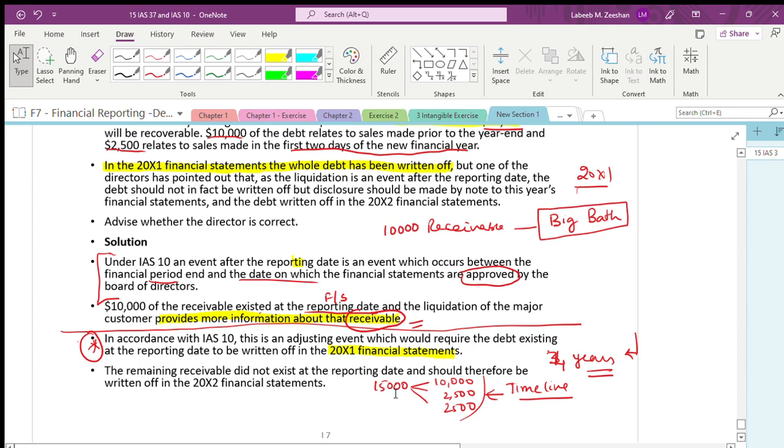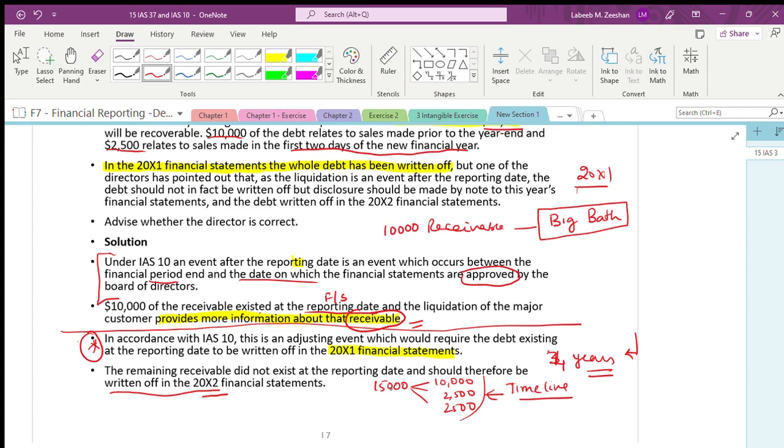In accordance with IAS 10, this is an adjusting event. When it is an adjusting event, it can be adjusted where? It can be written off in the year 2002 financial statements, but not in 2001. A little bit technical, okay?